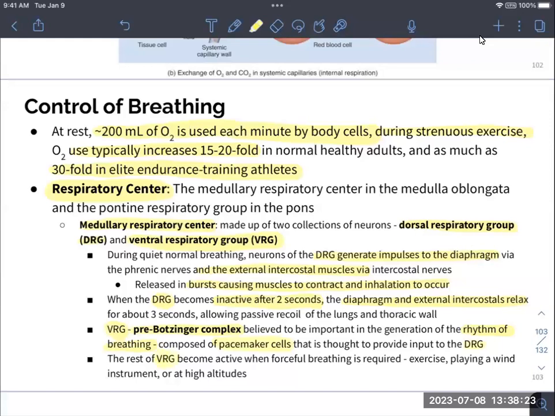The ventral respiratory group is also active when you're forcefully breathing, like exercise, playing a wind instrument, even at high altitudes. If you've never been at higher altitudes, over 10,000 feet, it takes a lot deeper breaths, a lot more forceful breathing to get enough oxygen in to move up there.